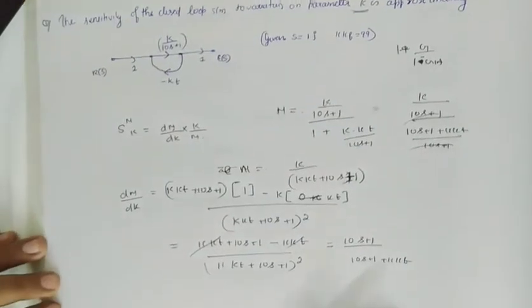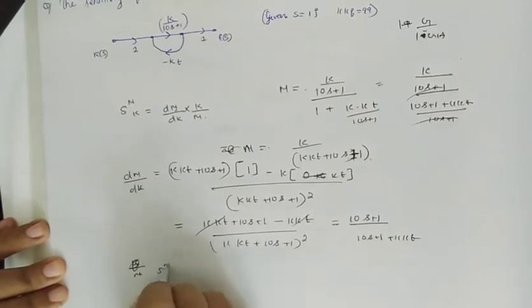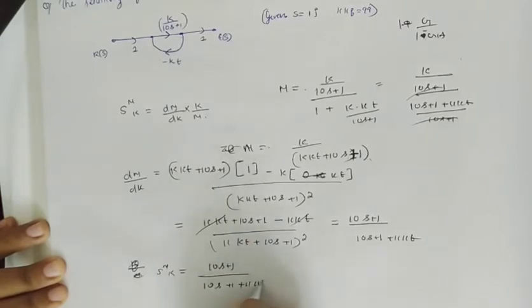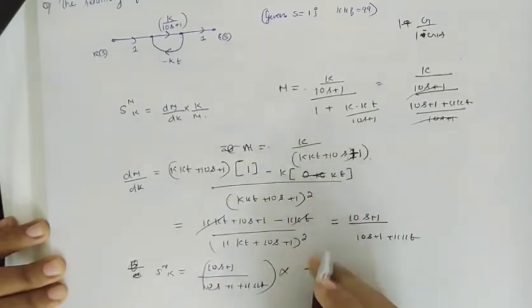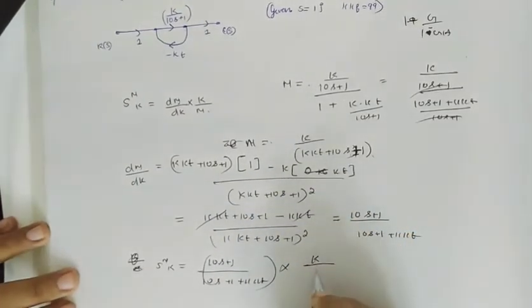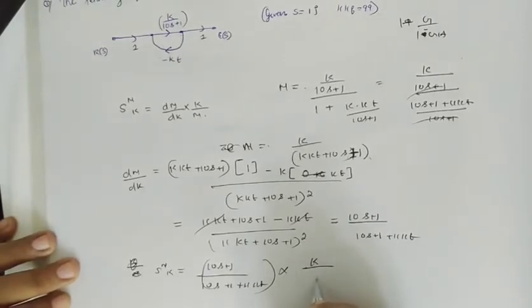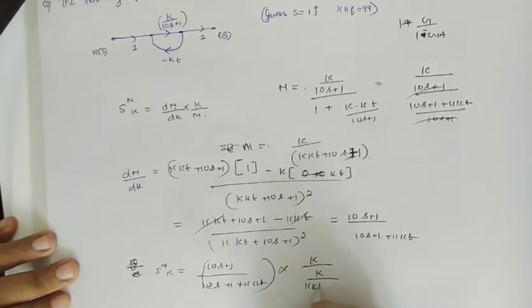Okay, so we got dM divided by dk, and now we are going to multiply that with k divided by M. What is k? K we'll write as it is, and M is actually equal to k divided by k kt plus 10s plus 1.